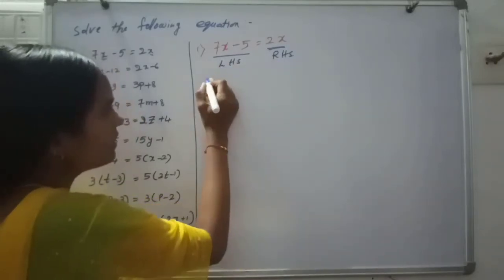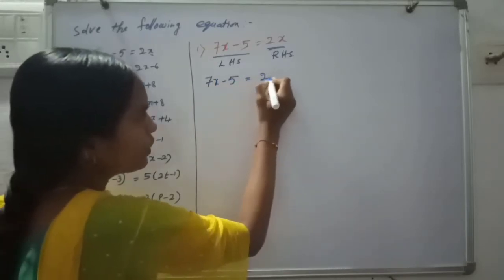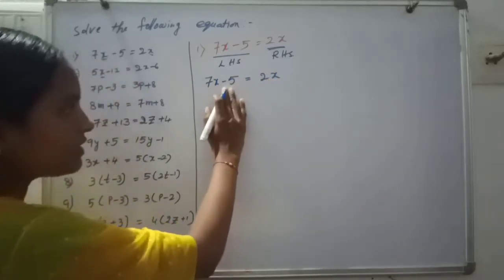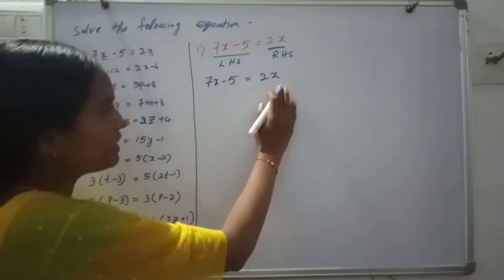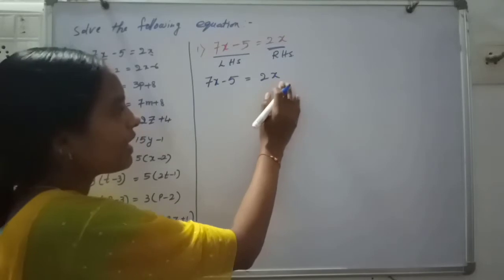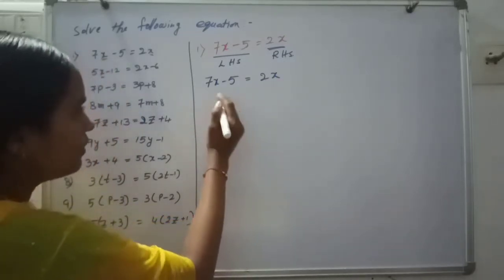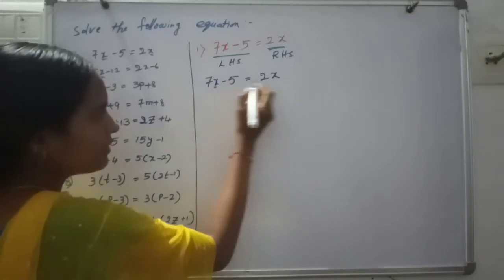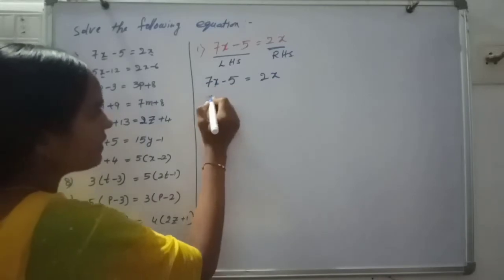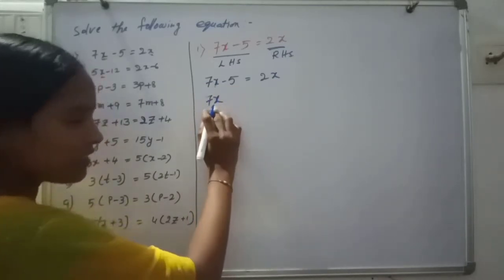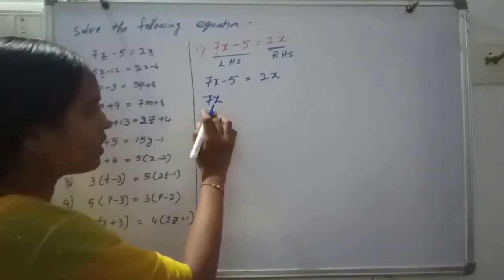Now let's see here. 7x minus 5 equal to 2x. LHS terms go to the RHS and RHS terms come to the LHS. Here an x term, here also an x term. 7 multiplied with x is called 7x.